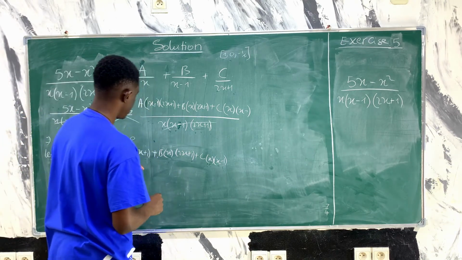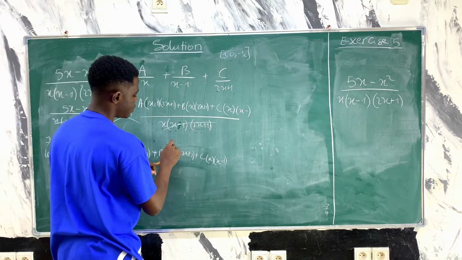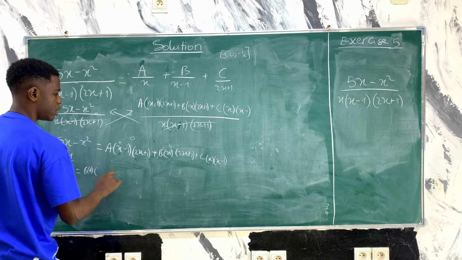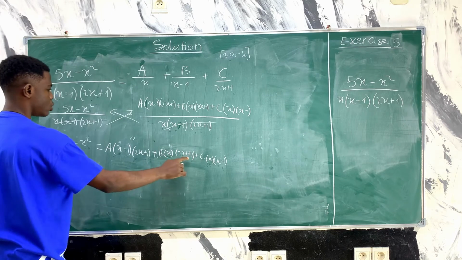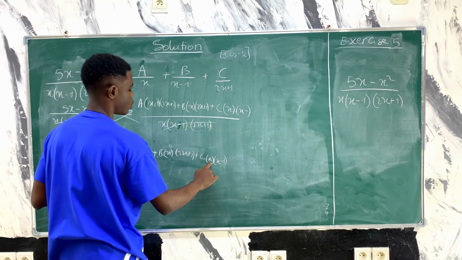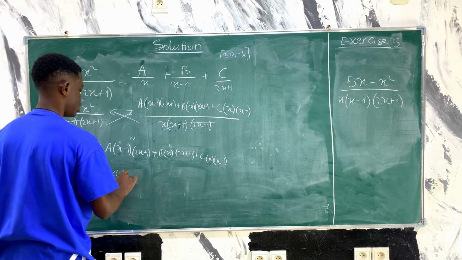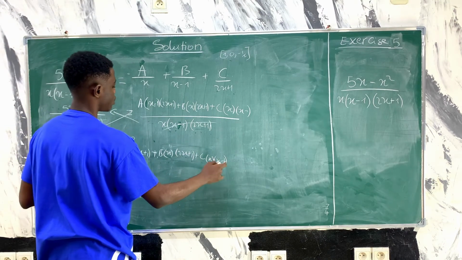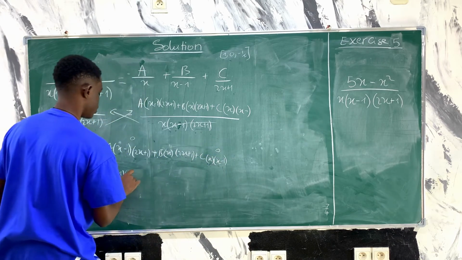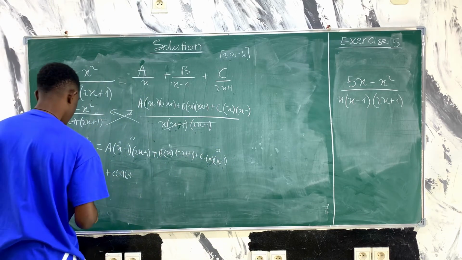I switch to here. When I put my x as 1, this is b into 1. 2x plus 1 is 2 plus 1, 3. Plus c into x, which is 1, into 1 minus 1 is 0. So all of this actually will go to 0.